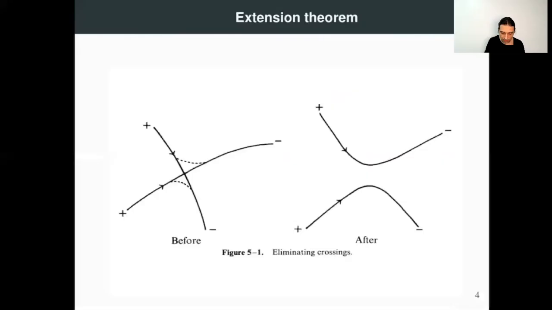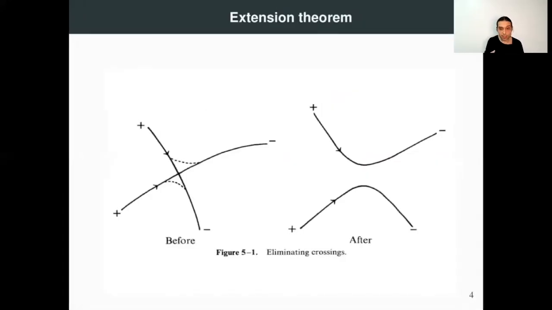disjoint. And what we do is considering this picture, okay? What we have in here is an intersection between two neat arcs. Here we go from positive to negative, and here from positive to negative. And what we can do is, when we travel on this path and we get here, close to the intersection point, we can change the path and follow the second path, in the direction of the negative point.